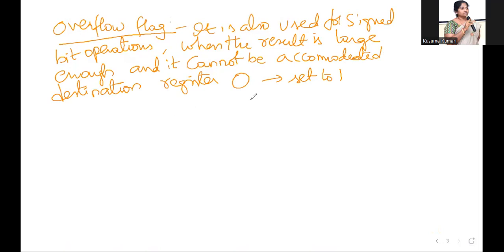Okay, otherwise it is reset to 0, vice versa. That is about the overflow flag.